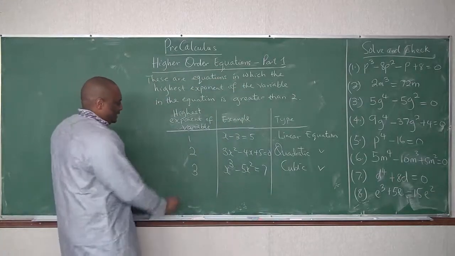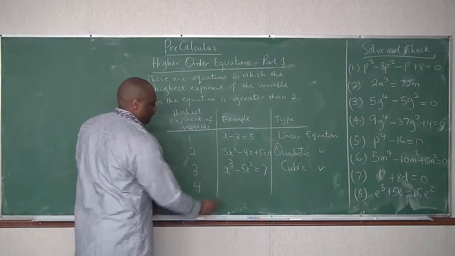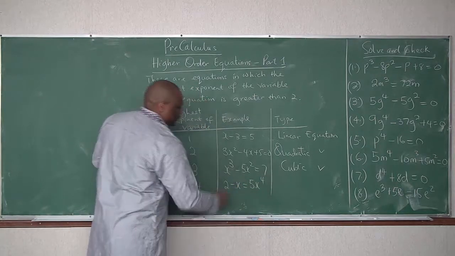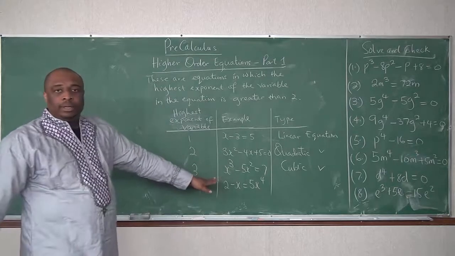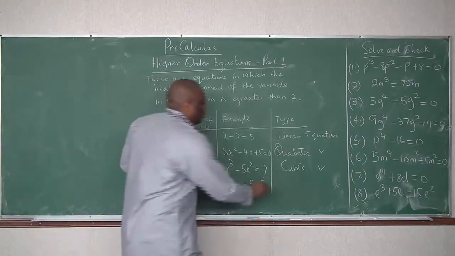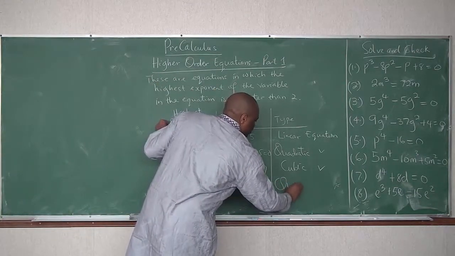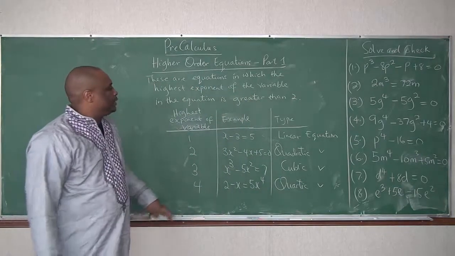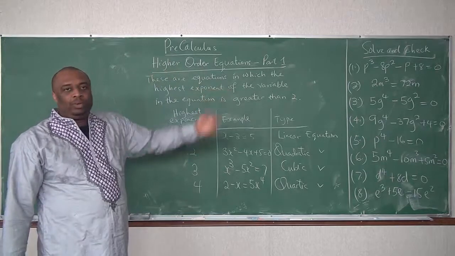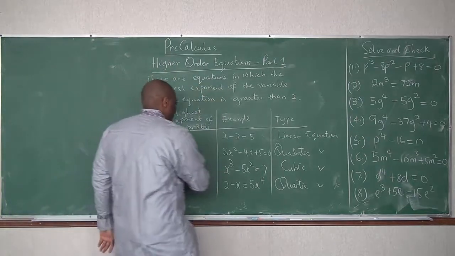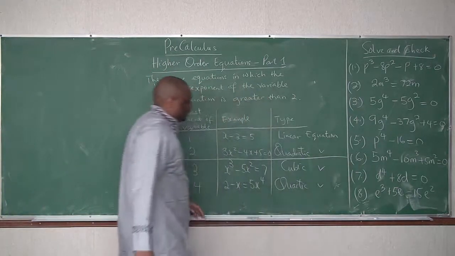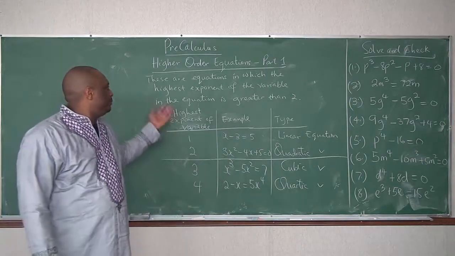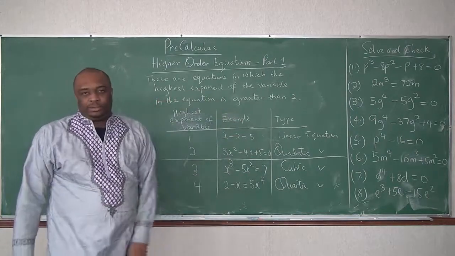And if the highest exponent is 4, maybe you have 2 minus x is 5x to the 4, this is what we call a quartic equation, and the rest of them. So when we talk of higher order equations, we want to deal with equations in which the highest exponent of the variable is greater than 2.